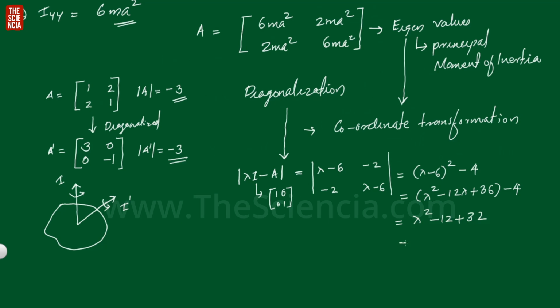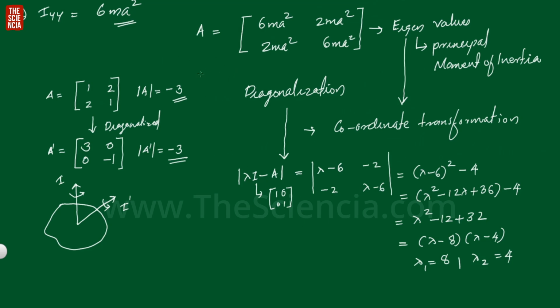You can rewrite this as lambda minus 8 into lambda minus 4. So we get lambda 1 equal to 8 and lambda 2 equal to 4.